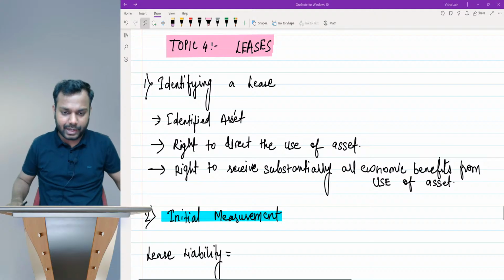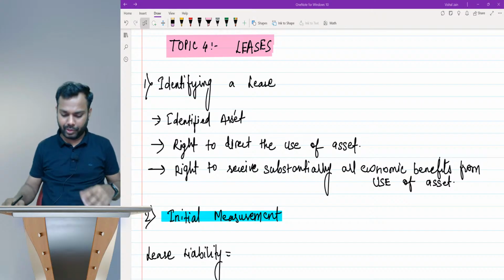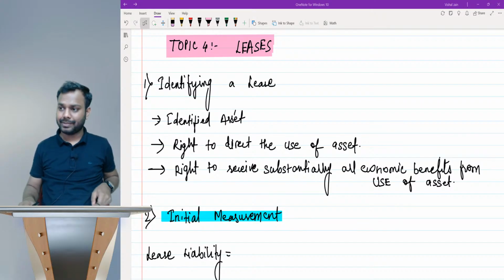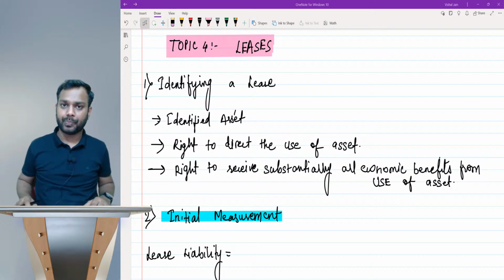Let's resume, guys. Let's start with our next topic, that is leases. That is topic 4 of today's day 1 of the ACCA FR revision series for September 2022.